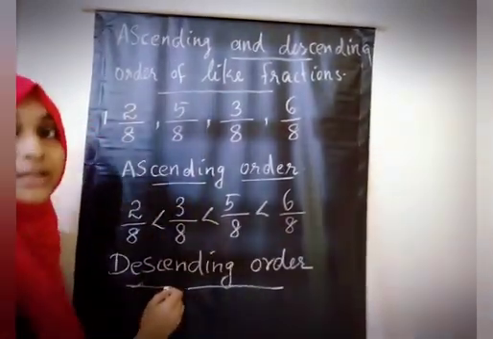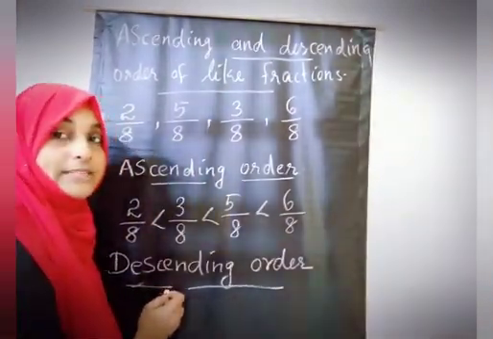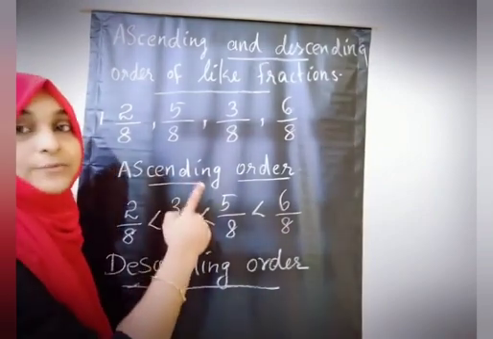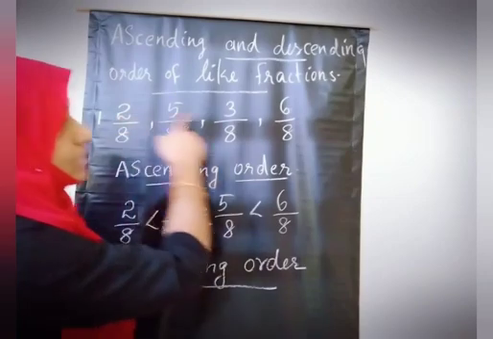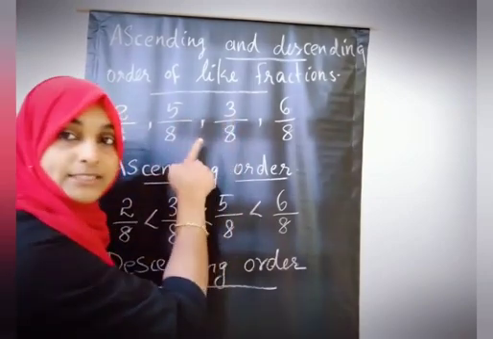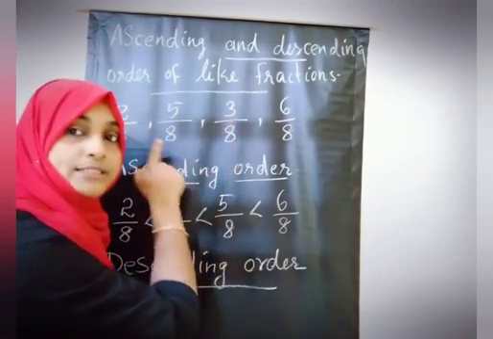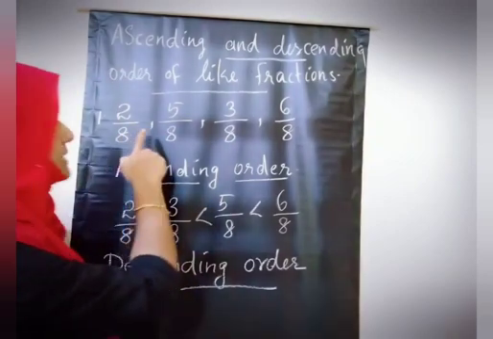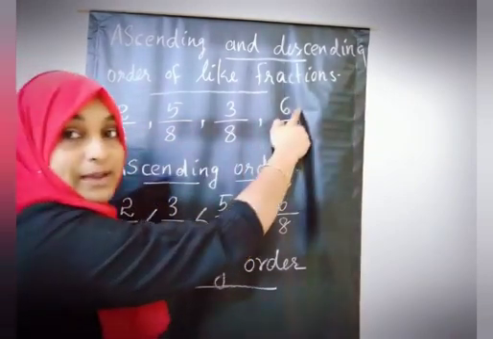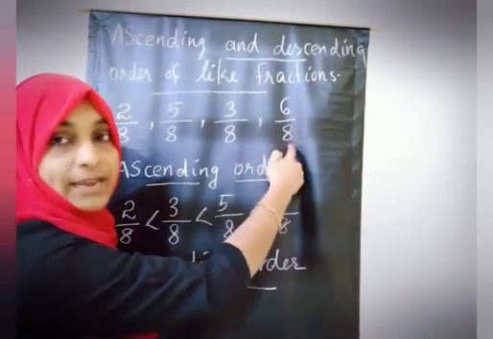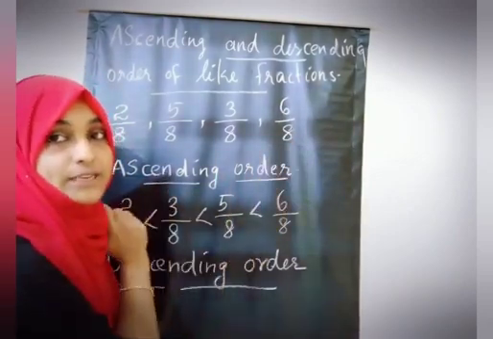Descending order. In the descending order, we write the largest fraction first. So we check the numerators. The fraction which has the largest numerator is the largest fraction. Please check which has the largest numerator. Yes, 6 by 8. The fraction 6 by 8 has the largest numerator.